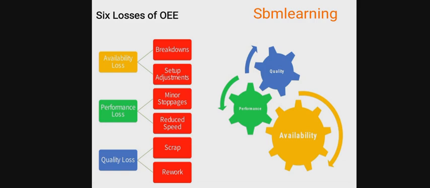Performance is divided into two parts: minor stoppages and reduced speed. Quality is also divided into two parts: scrap and rework. So availability loss, performance loss and quality loss are each divided into two parts, and we also call them the six big losses of OE. Clear? So breakdown, setup adjustment, minor stoppages, reduced speed, scrap, and rework.